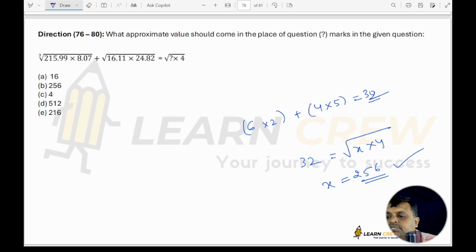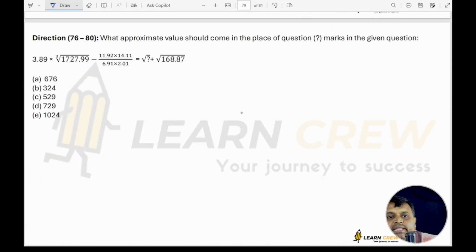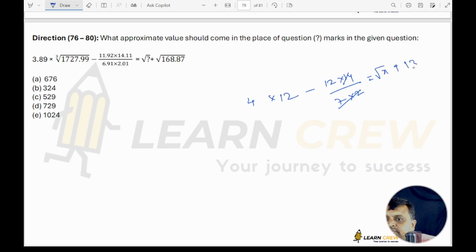So the answer is 256. Next, 3.89 is approximately equal to 4. The cube root of 1728 is 12. 1728 minus 12 into 14 divided by 7 into 2. 14 cancels, equal to root x plus root 169, which is 13. 4 12s are 48. 48 minus 12 is 36. 36 minus 13 is 23.